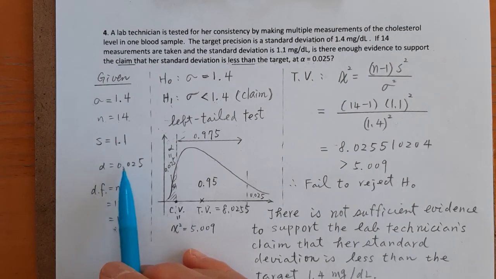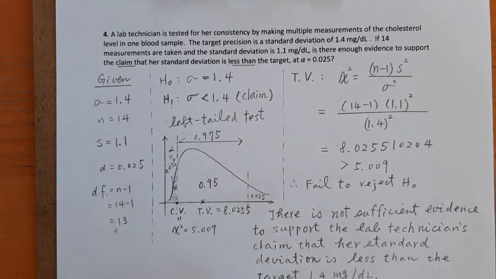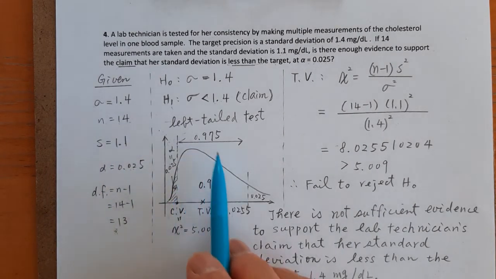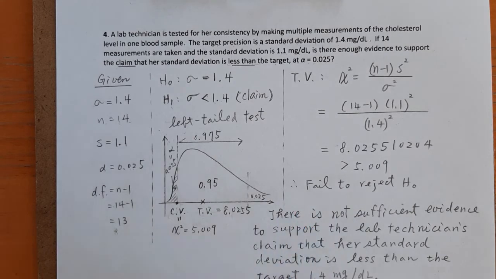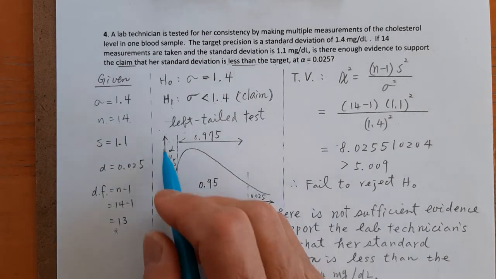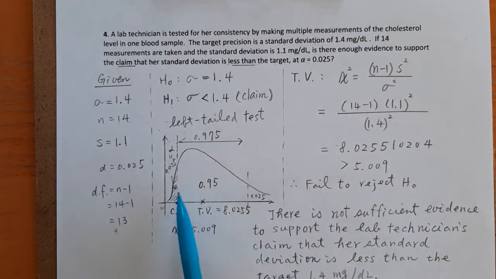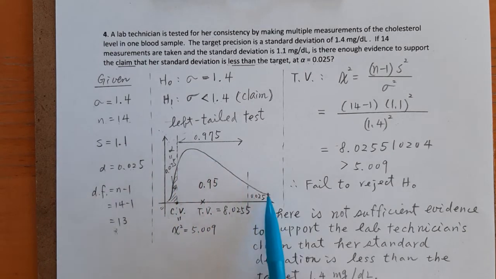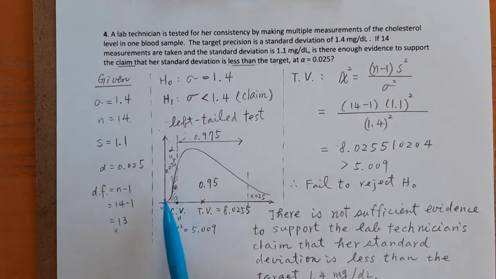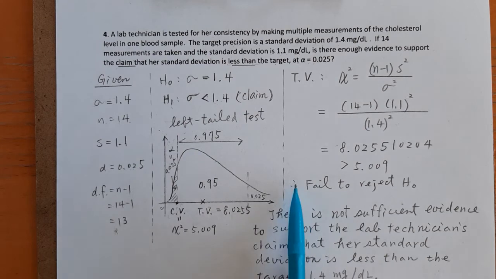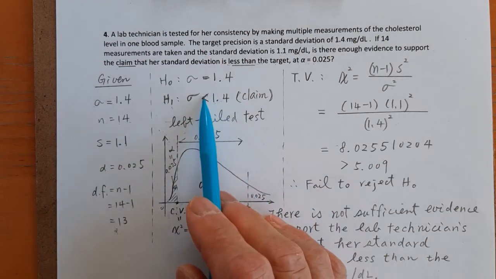So alpha equals 0.025. This is going to use the chi-square distribution. We draw the horizontal and vertical axes, starting at 0. And chi-square is squared, so it's positive. There's no negative. And we want less than.